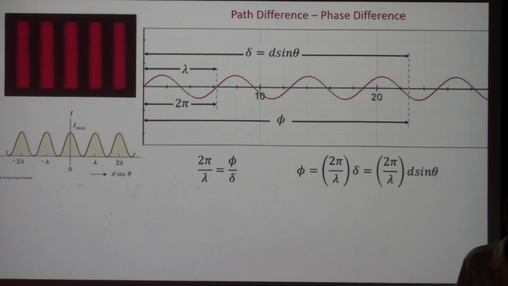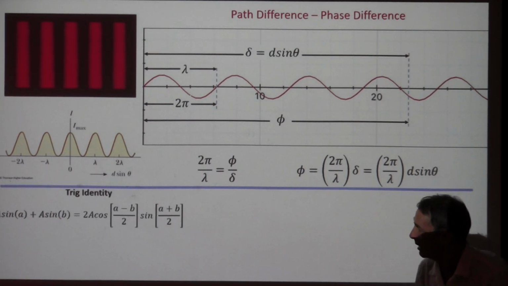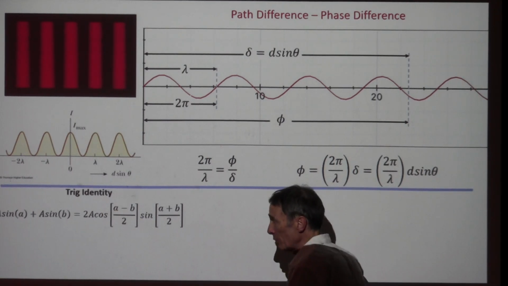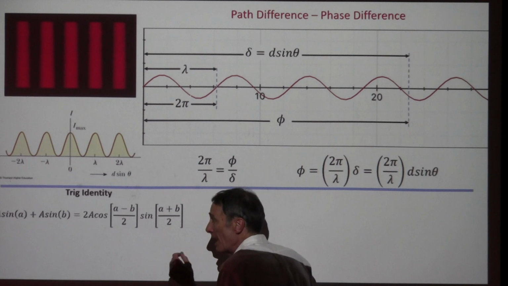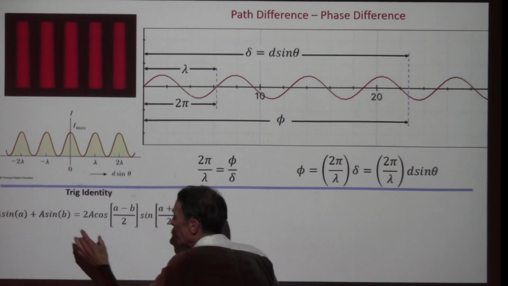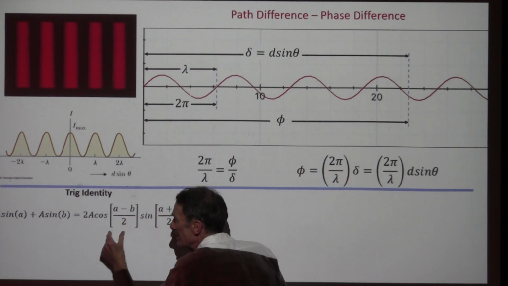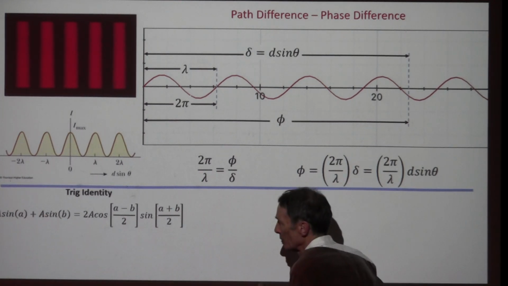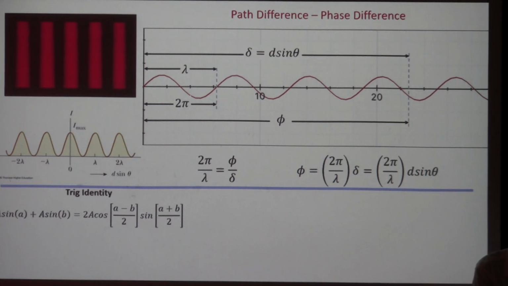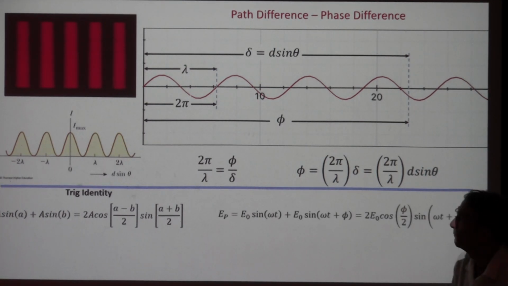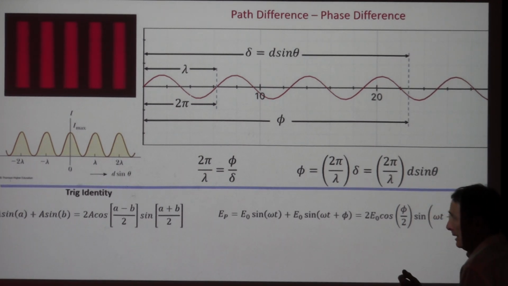Now, in terms of doing problems, we used this trig identity earlier in the course, in the first section when we first introduced waves. We would take and add two waves, and we'd end up with either the sums or the differences of these terms that are inside. So using this, we can come up with an expression for the electric field at some arbitrary point on the screen.